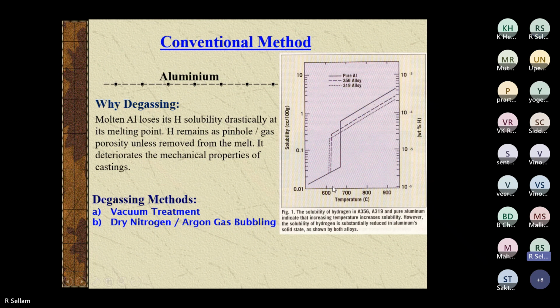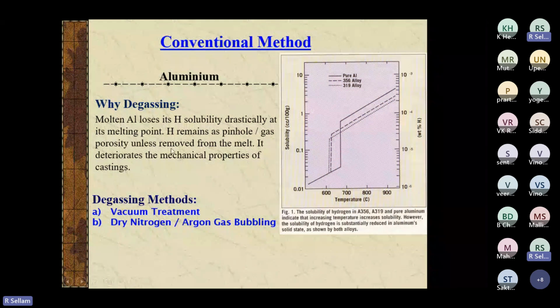During freezing, the hydrogen solubility drops drastically. That's why the hydrogen remains as gas porosity unless it is removed from the melt. It deteriorates the mechanical properties of the casting.